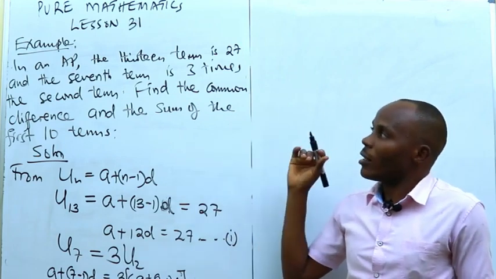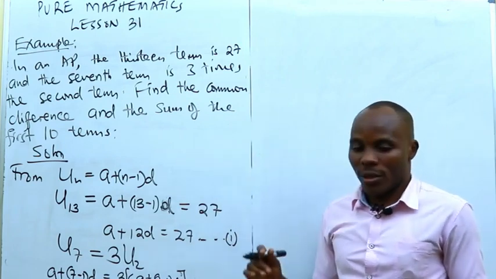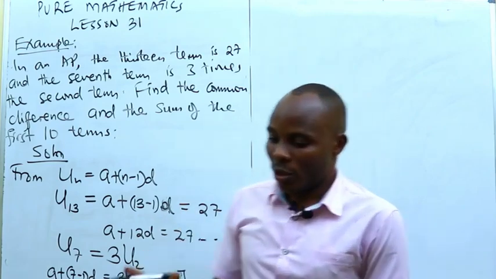We are moving steadily. Lesson 31. We are talking arithmetic progressions.